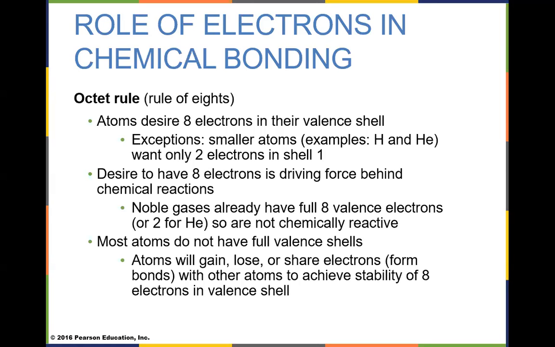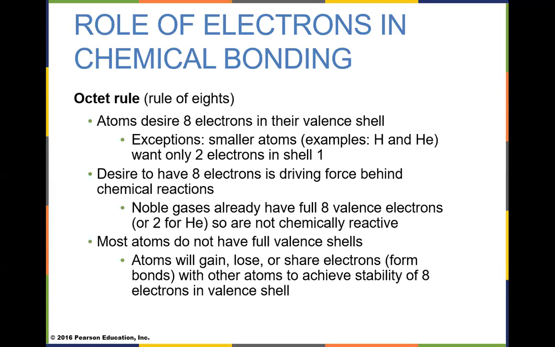And that's what drives chemical reactions: the need for an atom to fill up every space available for an electron. Hydrogen wants to have 2 electrons in its outer shell. Carbon wants to have 8 electrons in its outer shell. Oxygen wants to have 8 electrons in its shell.